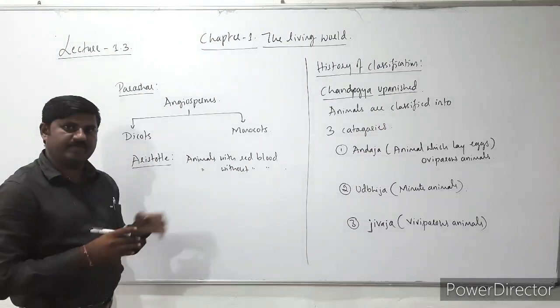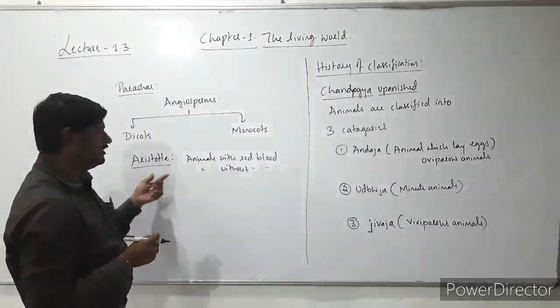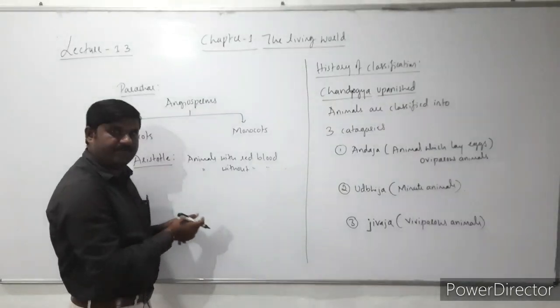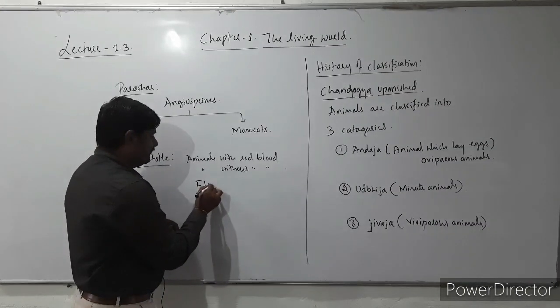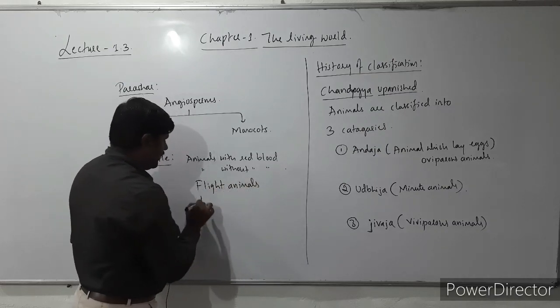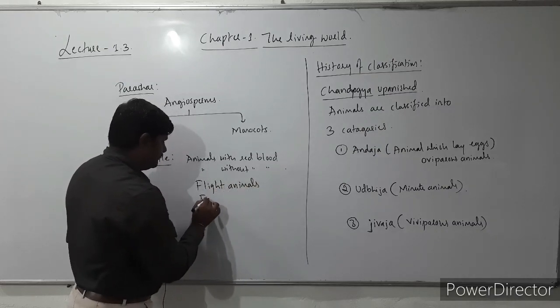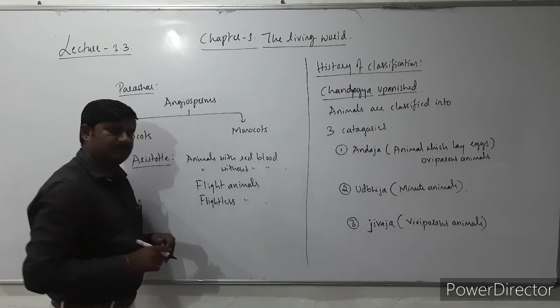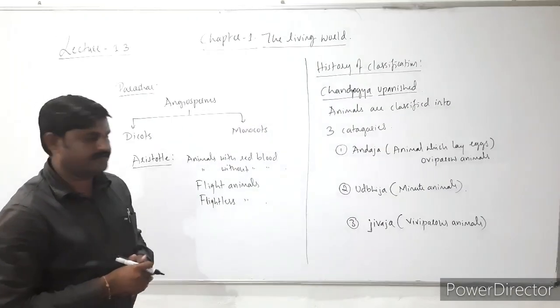This way animals have been classified into two groups by Aristotle. In the same way, animals once again have been classified into flight animals and flightless animals. This way also he tried to classify.